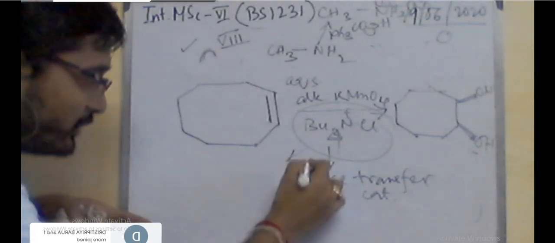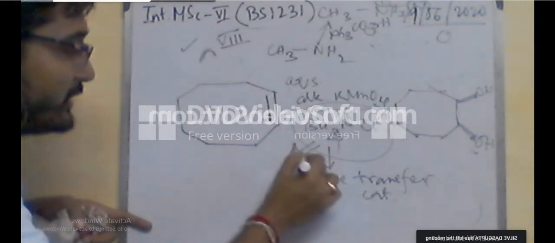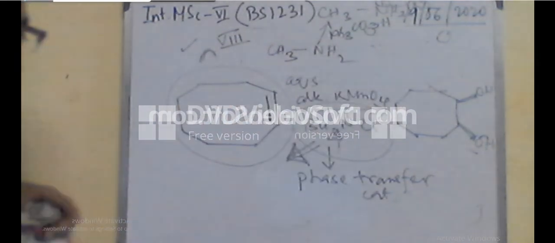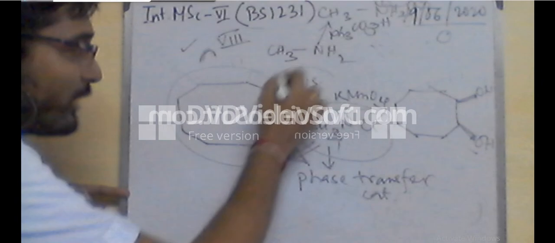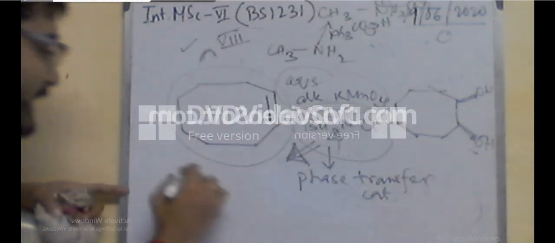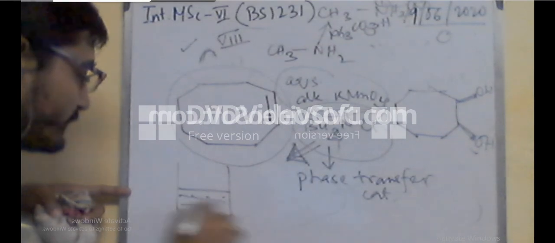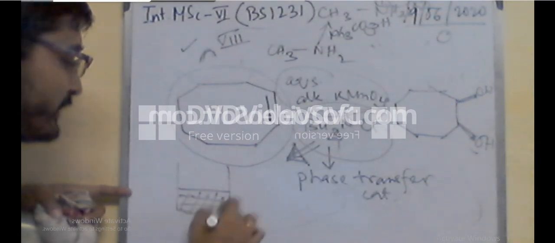Now this cyclooctene remains in the organic layer, totally immiscible with the aqueous layer, and this aqueous KMnO4 remains in the aqueous layer. It is completely insoluble in the organic layer. So how will the reaction proceed? That is the role of the phase transfer catalyst.